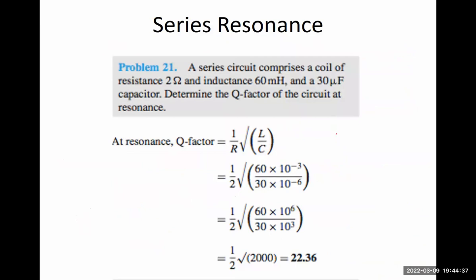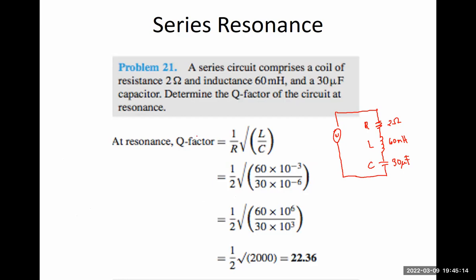Okay, so meron daw tayong series circuit that comprises a resistance, a coil, okay, and a capacitance or capacitor, okay. So this is our R, this is our L, and this is our C. And we have here 2 ohms, and then L is equal to 60 millihenry, and our C is equal to 30 microfarad.